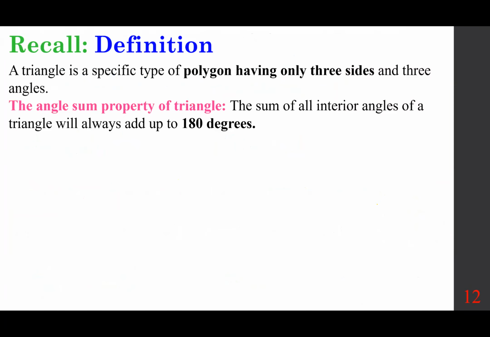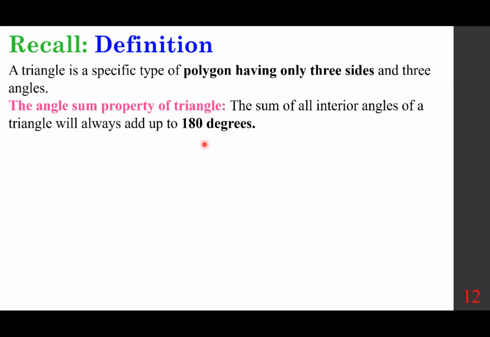All right, these are some definitions we may remember from basic algebra or geometry. So let's quickly go over them. We know that the angle sum property of a triangle says when we add up all the interior angles, they add up to 180 degrees.